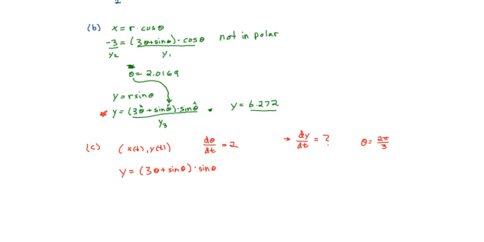We want the derivative of y with respect to t, where y is 3 theta plus sine theta times sine theta. And hopefully you can see the issue here. The main issue is that our variable down here does not match our variables over here. And so when we do that, we have to realize the chain rule is happening.